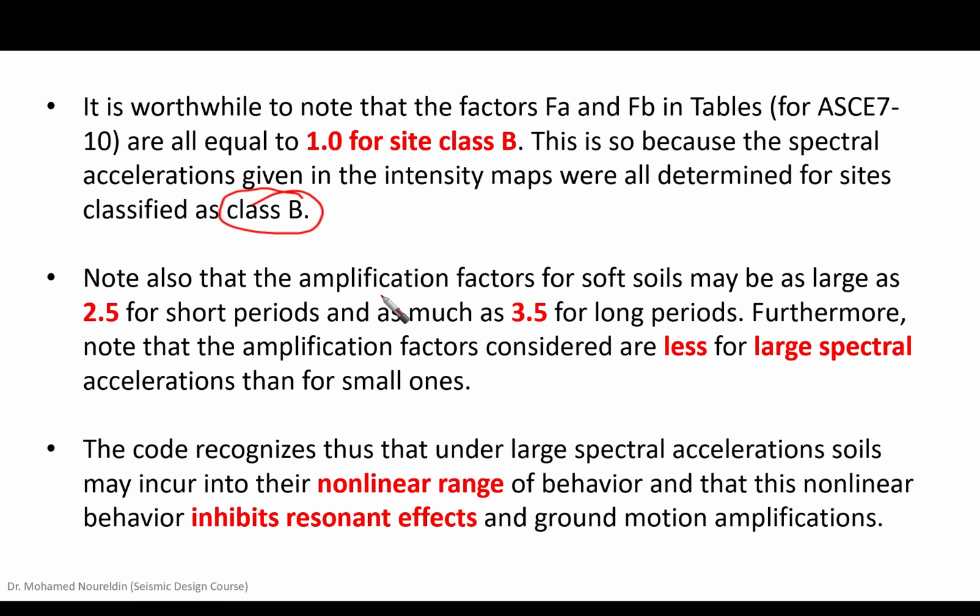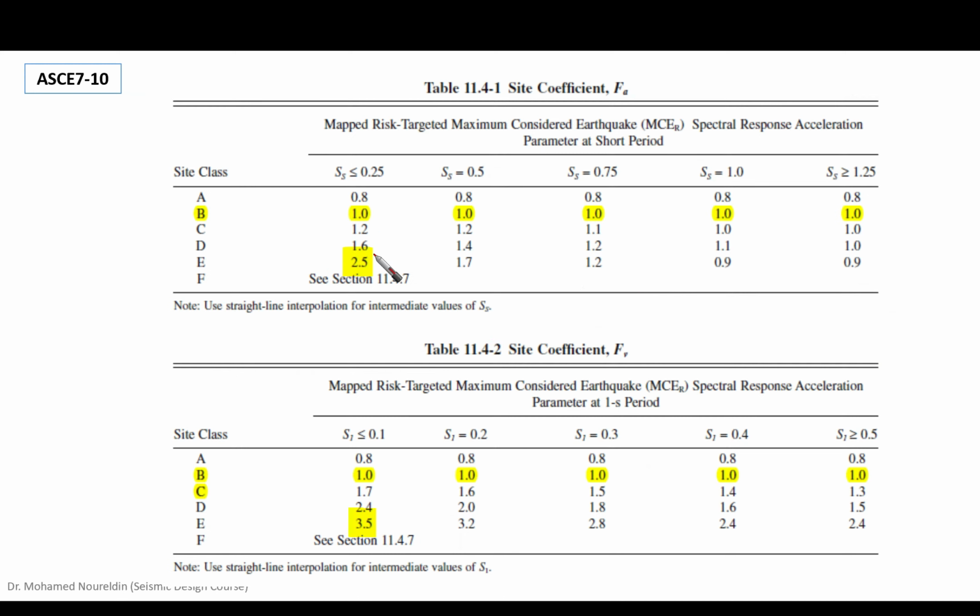Note also that the amplification factor for soft soils may be as large as 2.5 for short periods and as much as 3.5 for longer periods. We are talking about soft soils. Look here, this 2.5, and here it is 3.5.